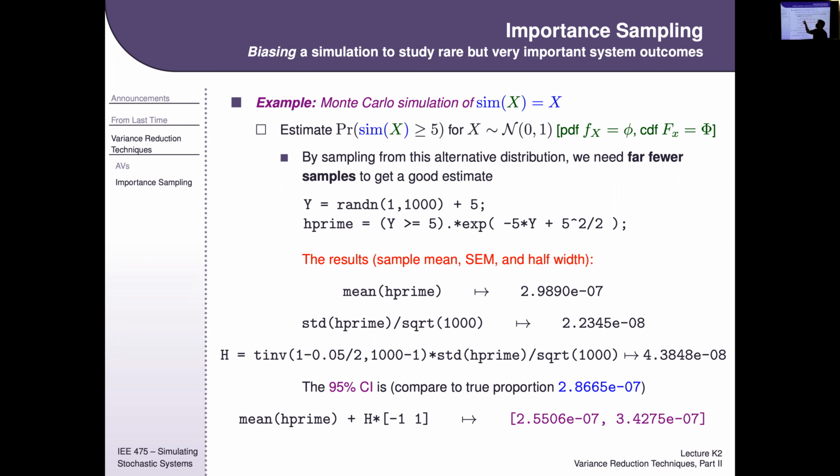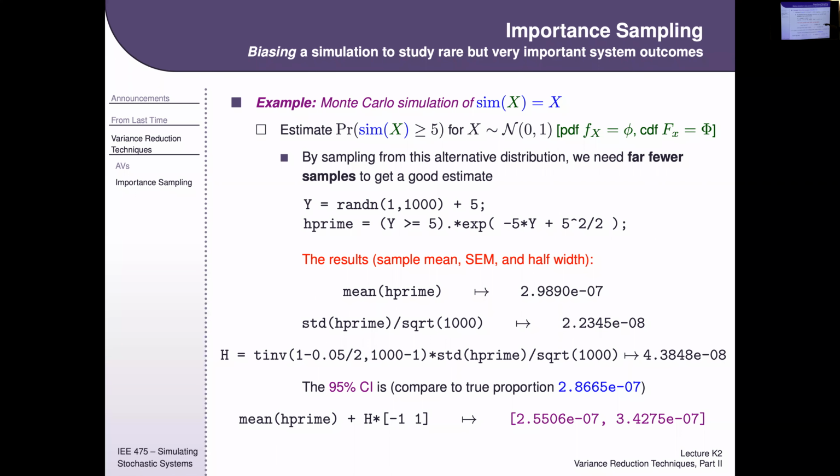So that's what Y is. This is the bizarro one. Then I'm going to say, how often are they greater than 5? I'm going to scale that by my likelihood ratio. So every value of Y gets plugged into the likelihood ratio, which will scale this up or down as appropriate. Then I'm going to take the average of this scaled version.